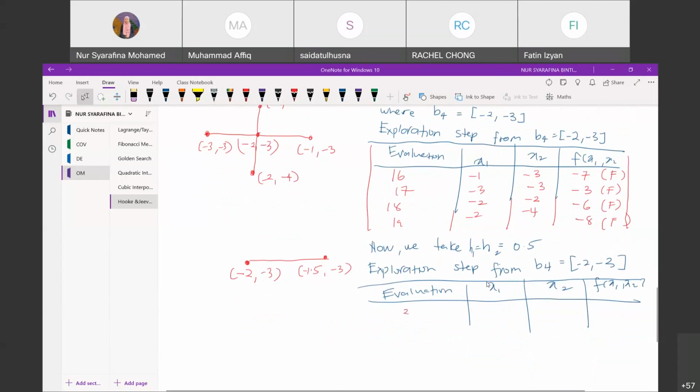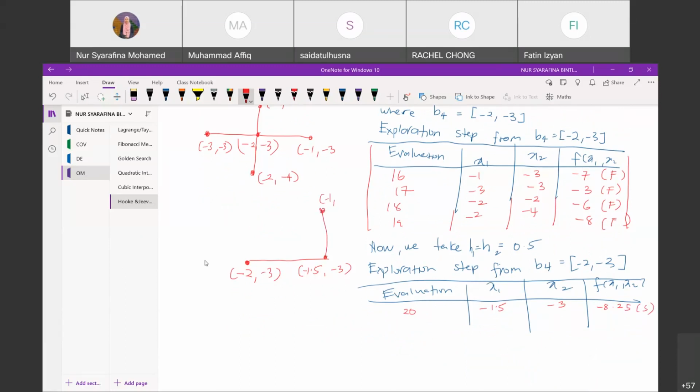Understand or not? So the function value here is -8.25. At least from -8, it has now reduced to -8.25. This is considered a success. Okay, success, no need to go to the left, then just to the upside.